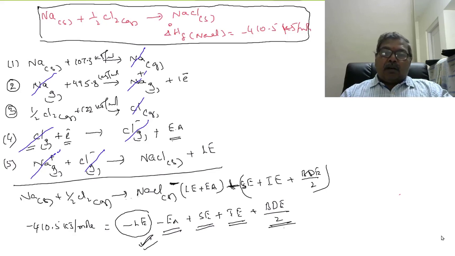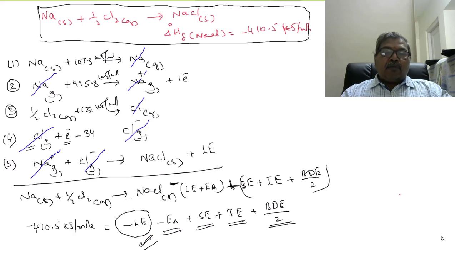Next, electron affinity of chlorine. This is minus because it is liberating, right?